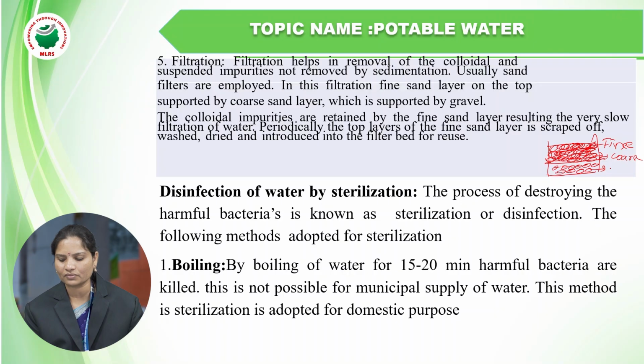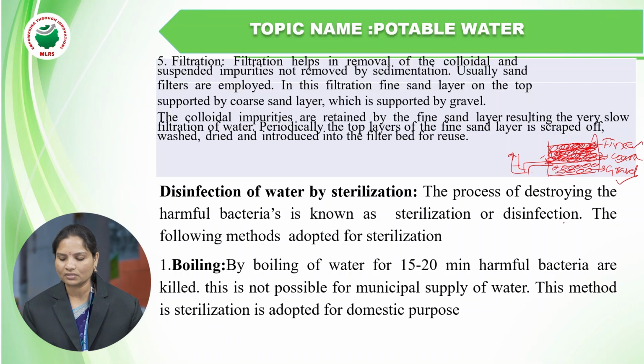That means three types of layers are there in the filtration tank, either in the slow or in the rapid filtration tank: the fine sand layer, the coarse sand layer and the gravel layer.